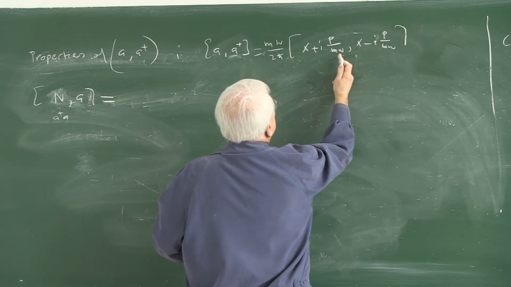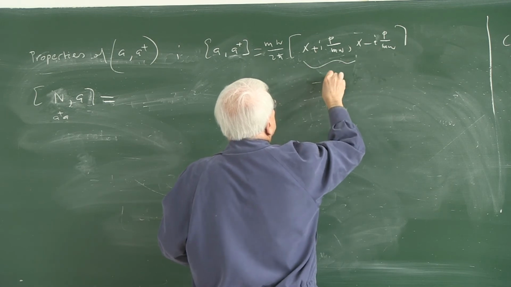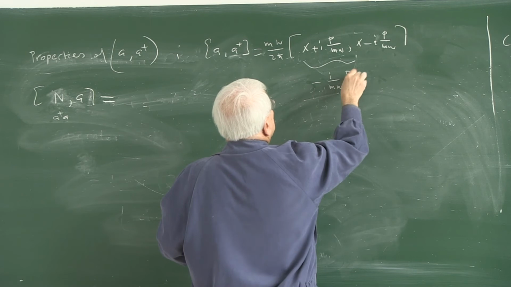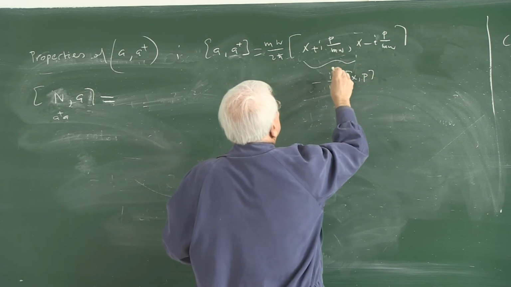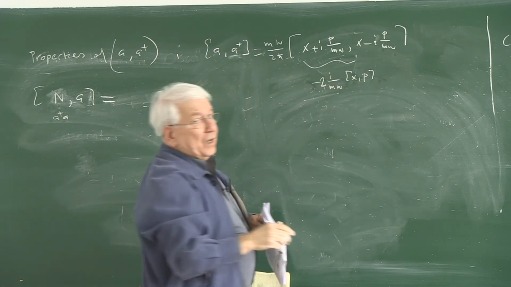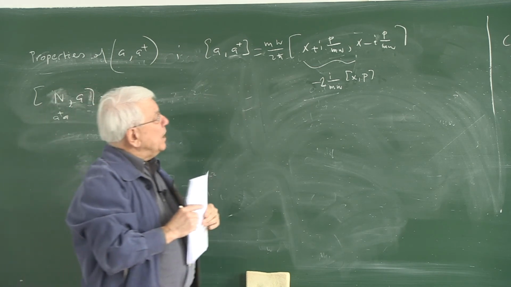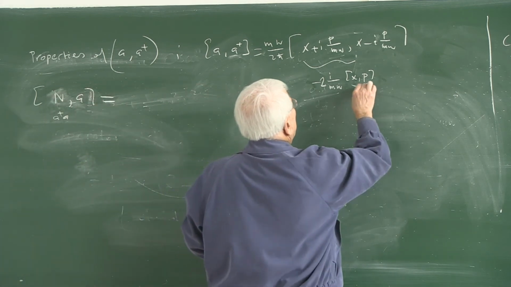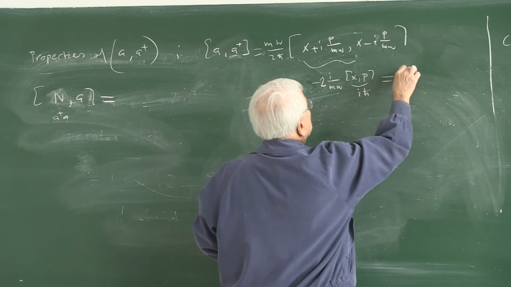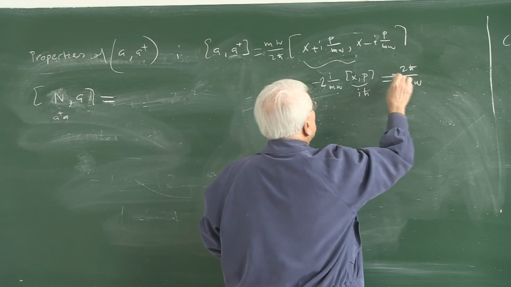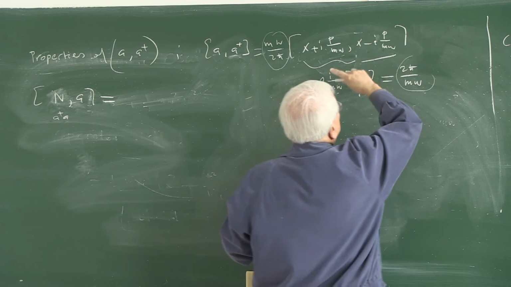X with x is 0, p with p is 0, x with p minus i over m omega, x with p, and plus i, so it is twice. The other cross term, first with second, second with first, gives you a factor of twice. So this one is i h bar. I give you the positive sign, so it is 2 h bar m omega.